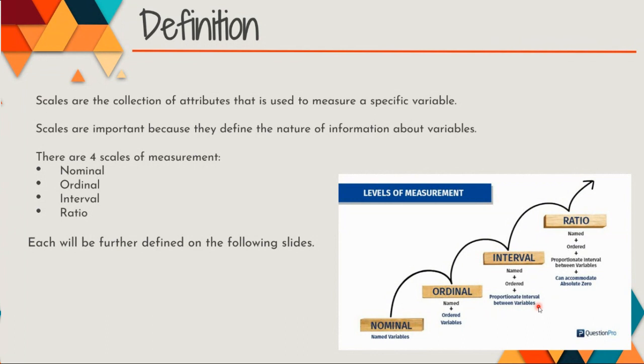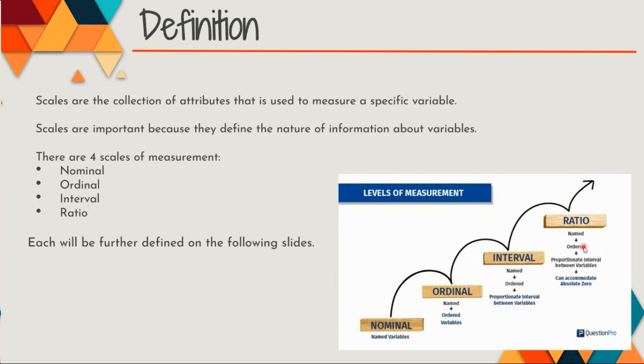If you did it in increments of 25,000, let's say, is your household income 25,000 per year, or 50,000 per year, or 75,000, or 100,000? You know that as those numbers increase, that means it's a higher level of household income. You also know that there's a proportional amount in between 25,000 and 50,000 and 75,000. That's what is meant by a proportionate interval between variables.